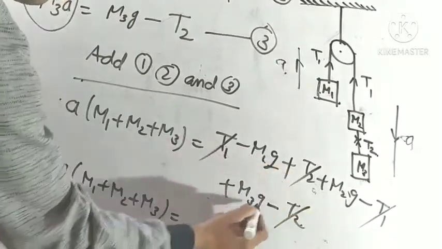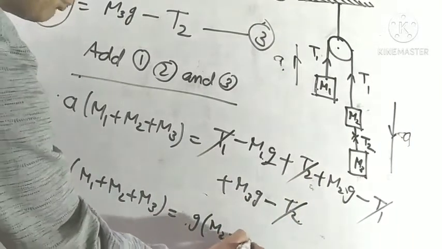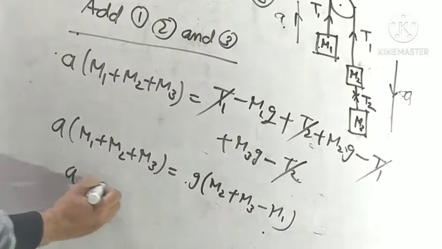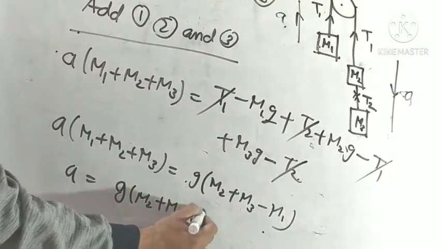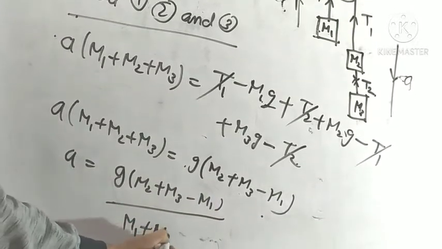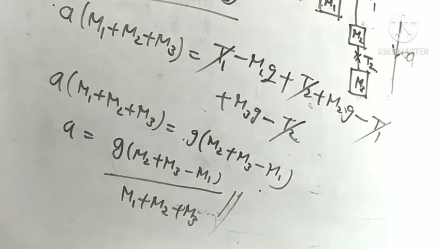What is left inside this bracket? M2 plus M3 minus M1. So acceleration equals G times M2 plus M3 minus M1 upon M1 plus M2 plus M3. This is the final value of acceleration.